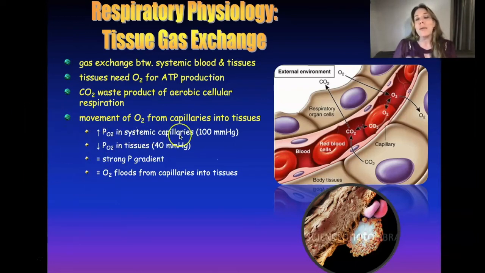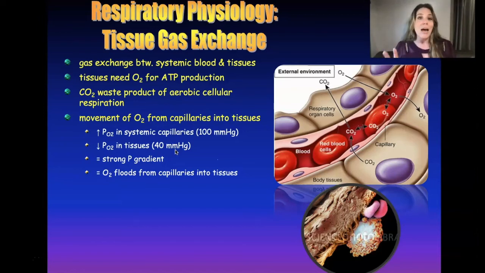Remember that because we've now taken that oxygen from the lungs, traveled it to the systemic capillaries, the partial pressure of oxygen in those systemic capillaries is now high. It's 100 millimeters of mercury. Whereas initially the oxygen's partial pressure in the tissues, these are tissues that are starved of oxygen, they need it to do cellular respiration, that pressure is going to be low at about 40 millimeters of mercury.